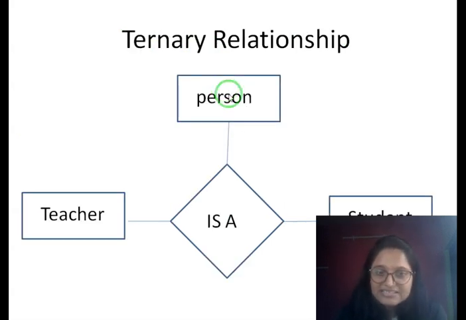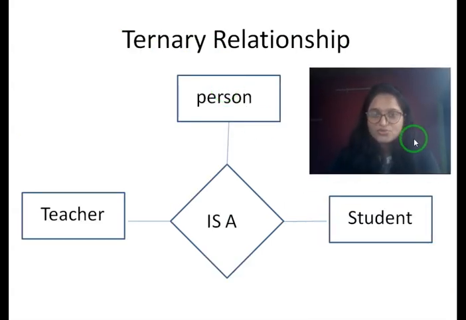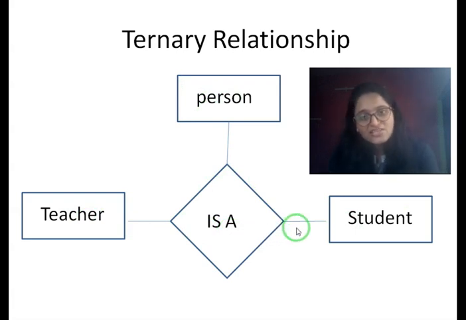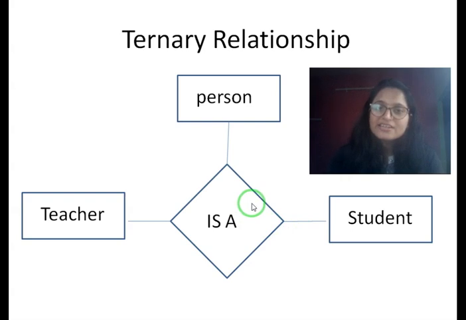Now, next is ternary relationship. So, dear student, this diagram shows the ternary relationship. These are the three entities associated in a relationship. So, person, teacher, student. Person maybe is a teacher or maybe is a student. So this is the example for ternary relationship.